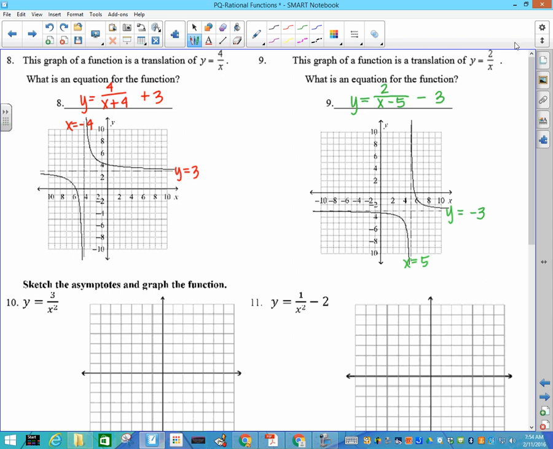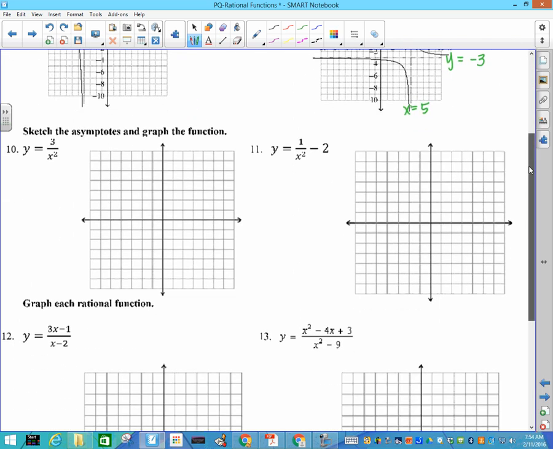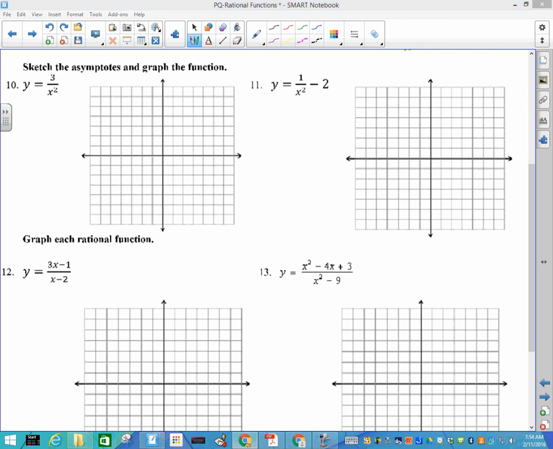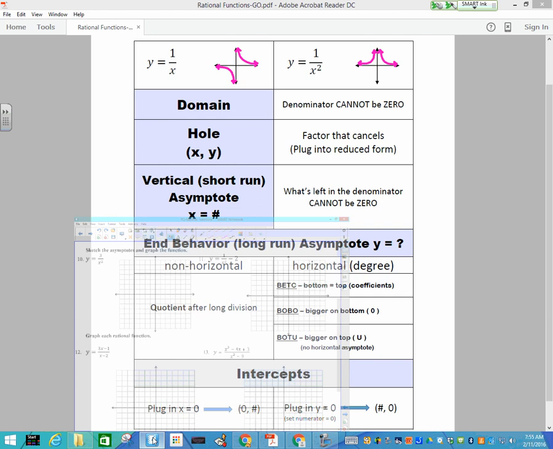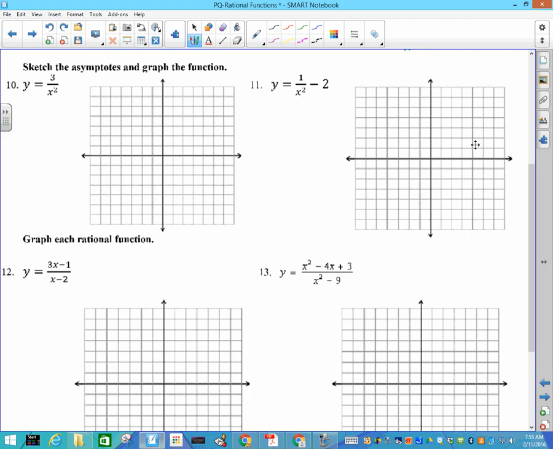Okay? All right. Now you have to sketch the asymptotes and graph the function. This was the other rational function that we talked about. And keep in mind, if you forget, it is up here at the top. This is 1 over x, and this is 1 over x squared. Our asymptotes, if you remember, are x equals 0 and y equals 0.